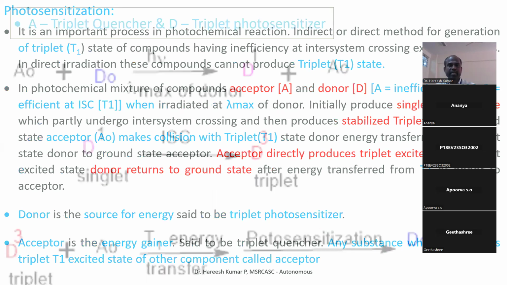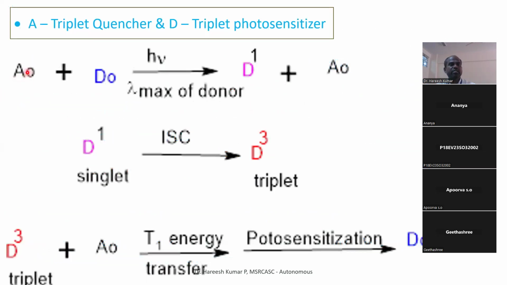So here I'm taking an equation. A0 means ground state acceptor. D0 means ground state donor. On irradiation, the donor will go to the singlet state. Then the donor singlet undergoes intersystem crossing, and on intersystem crossing the singlet is converted into triplet. The triplet formed is the donor triplet.